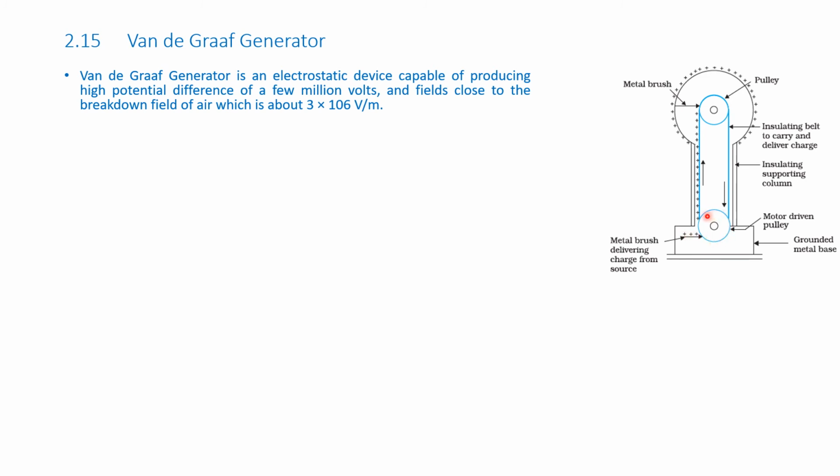This brush is driven by a pulley, a motor pulley, and this is at the ground, and there is a pulley on the higher side also. This is an insulating support column. There are two columns placed on the ground platform and another bigger shell is mounted on the top. This is the diagram of the Van de Graaff generator.